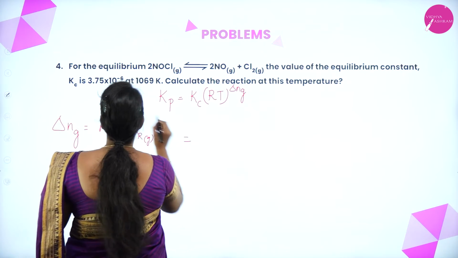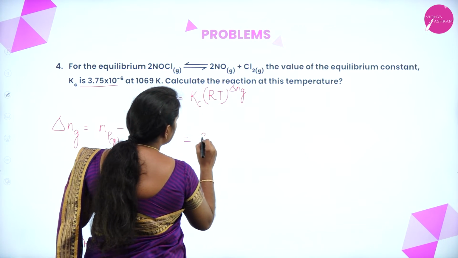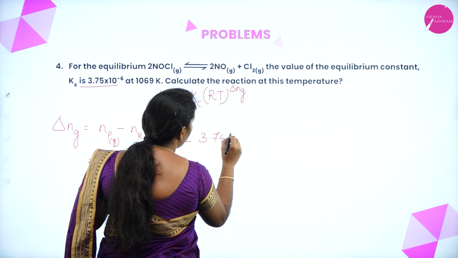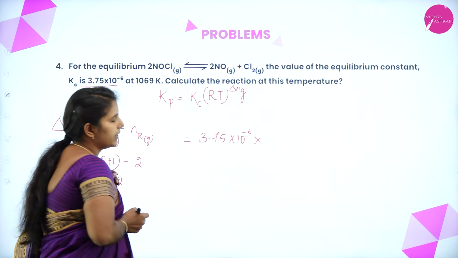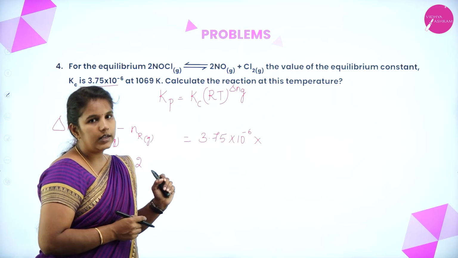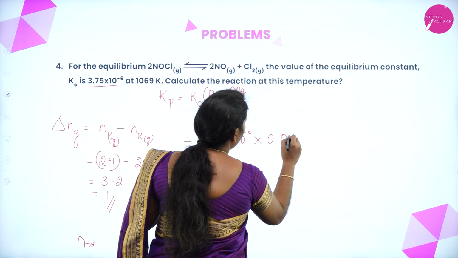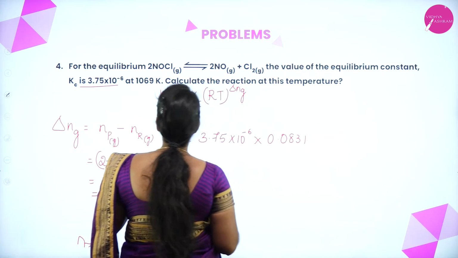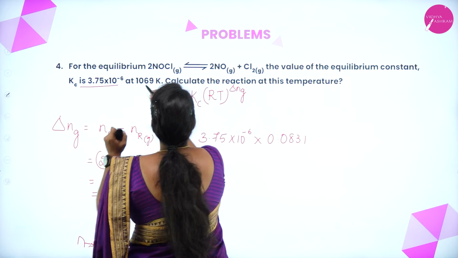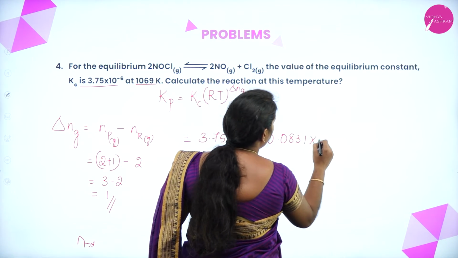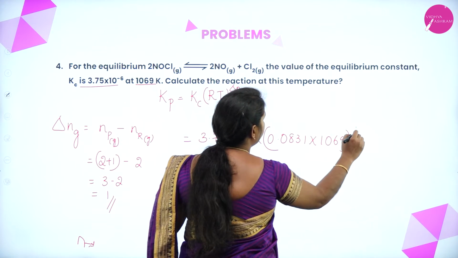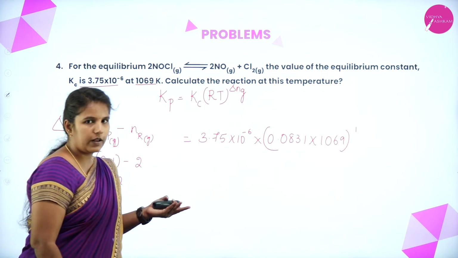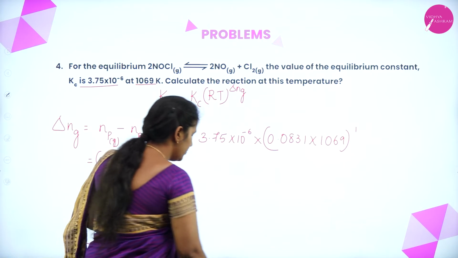So what is the Kc value they have given? It is 3.75 into 10 to the power of minus 6, into what is the gas constant value? That is 0.0831. And what is the temperature they have given? At 1069, raised to the power of 1. Anything raised to the power 1 is the same.